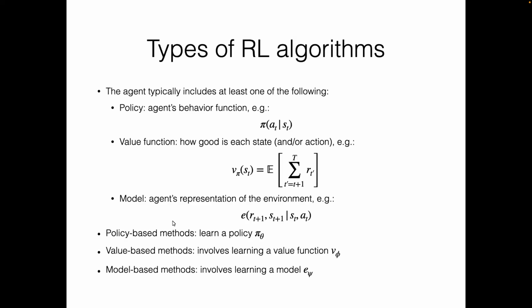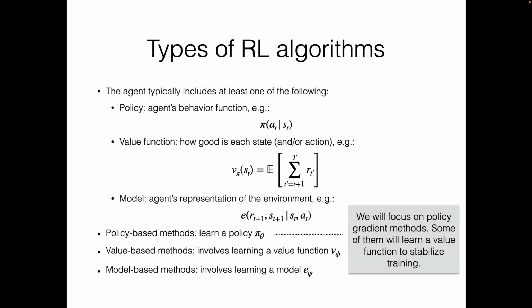So in summary, policy-based methods will try to learn the policy. Value-based methods will try to learn a value function, and model-based methods will involve learning a model as well as some other things. Today we're going to focus on policy-based methods, and then we're actually going to see this value function come up. It's going to turn out to be useful for stabilizing the training.